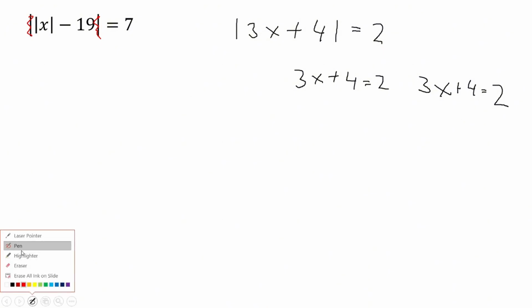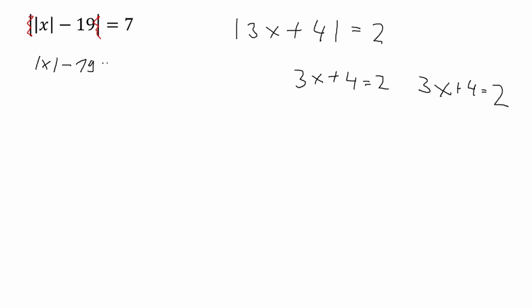Just go ahead and remove them. So that leaves us with x minus 9 is equal to 7. And as I've already mentioned before, you just go on and solve it like any other normal absolute value equation. So we can write or, so it would be x minus 19 is equal to 7, or x minus 19 would be equal to negative 7. Just like so.